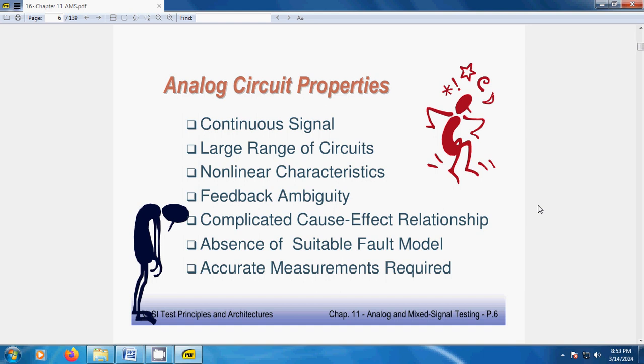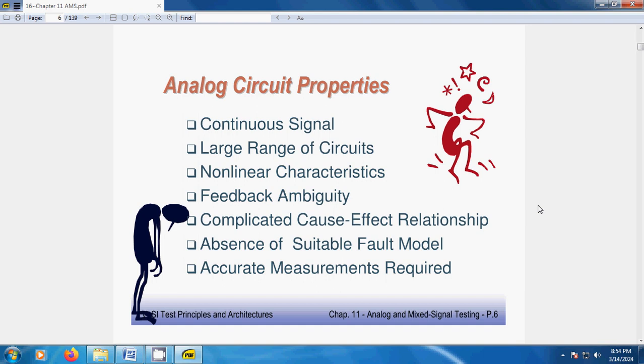And if you do not have any fault model, then how will you find a particular fault in an IC? This is where the challenge gets larger, or it gets more interesting, because if you want to detect the fault in these types of circuits without any particular fault model, then the devices that you use to check the ICs must have very accurate operation.